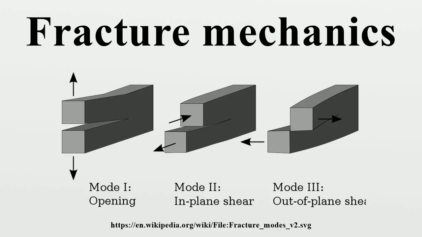Another significant achievement of Irwin and his colleagues was to find a method of calculating the amount of energy available for fracture in terms of the asymptotic stress and displacement fields around a crack front in a linear elastic solid. This asymptotic expression for the stress field around a crack tip is given, where sigma ij are the Cauchy stresses, r is the distance from the crack tip, theta is the angle with respect to the plane of the crack, and fij are functions that depend on the crack geometry and loading conditions.